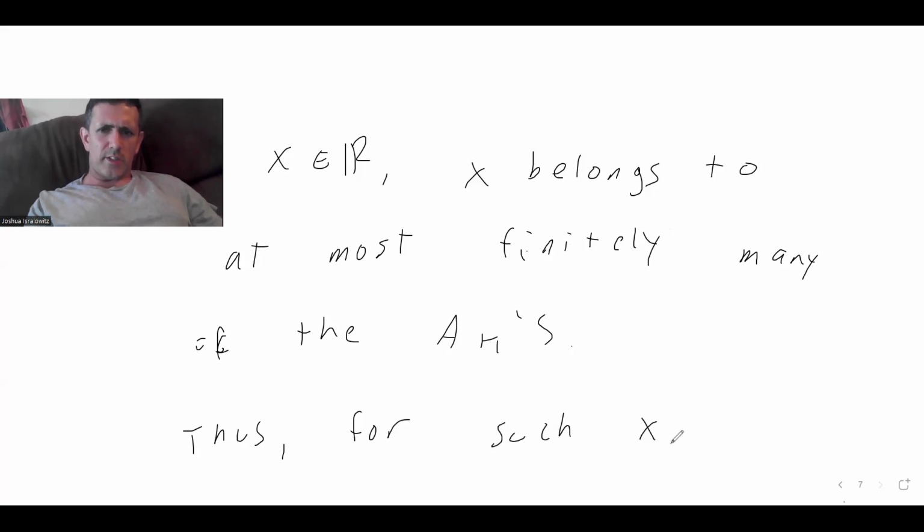So for such x, there exists n where k bigger than n. No claim of uniformity here as usual. So n definitely is going to depend possibly on x. That's fine. But k bigger than n would imply what?